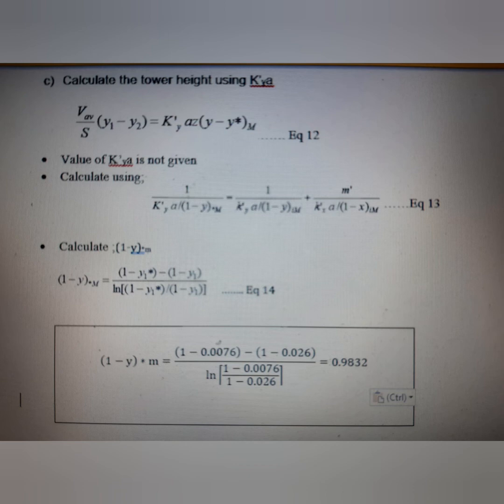which gives the final answer of 1.964 meter. As for the last question, where we need to calculate the tower height using capital K prime ya, we need to use equation 12. But since we didn't know the value of capital K prime ya, we need to use equation 13 to determine it.